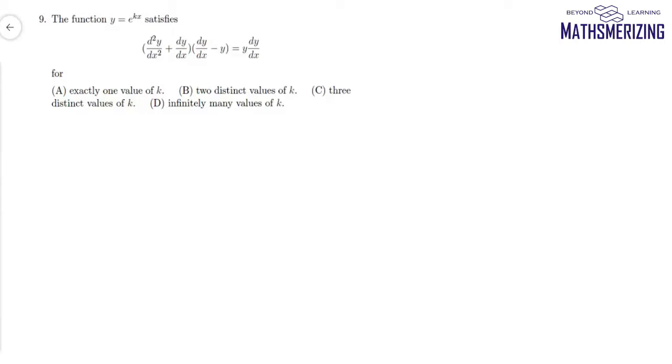Now in question number 9, it says this function is y equals e to the power kx. So if I differentiate, I'll get y dash as k into e to the power kx, and then the second derivative will be k square into e to the power kx. So now I'll take this equation.